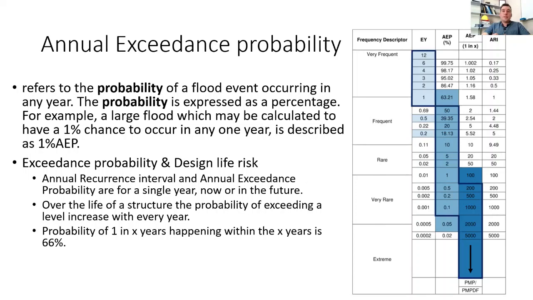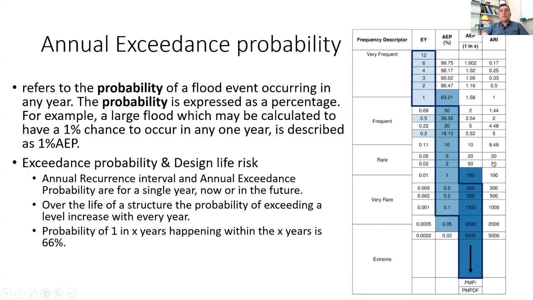So here I've just pulled this table out of the documentation. This is referring to rainfall AEPs and ARIs. We can see that 1% AEP corresponds to a 1 in 100 year event.